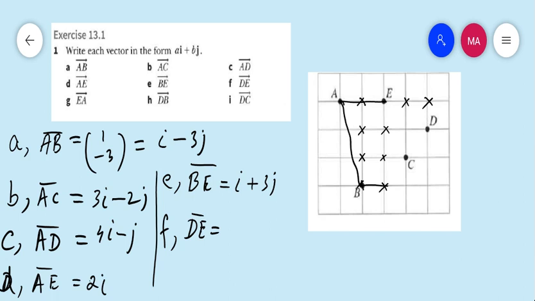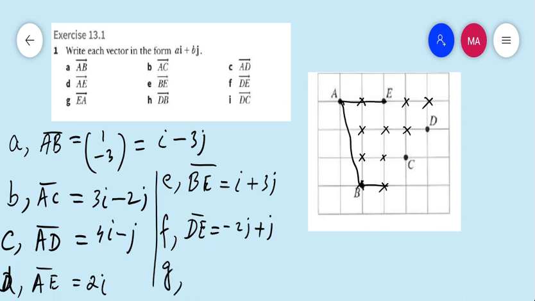Where is D? This is D, this is E. So from D it is minus 1, minus 2, minus 2i plus j, because the left side is minus and the upside is plus. So minus 2i plus j is the answer.